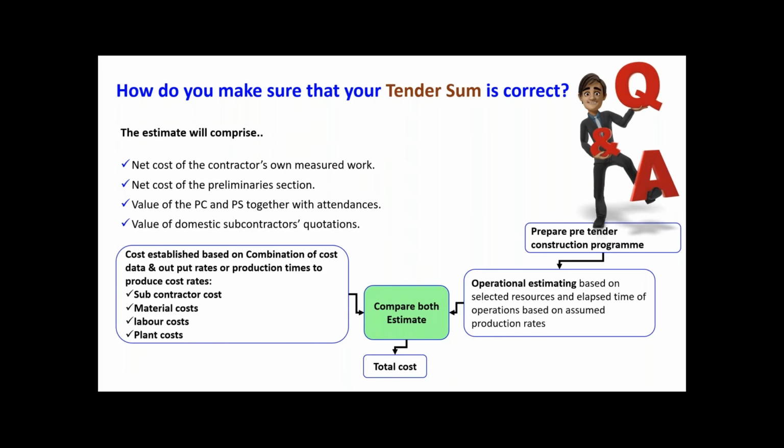Okay, Atif says the operational team will give a higher price. If so, they have to justify why they are giving it. If they are focusing on more risk, say for example, in practice, either the estimator or the operational team can overprice. Possible. So that should be compared and checked.